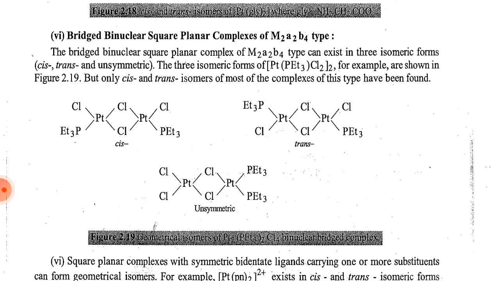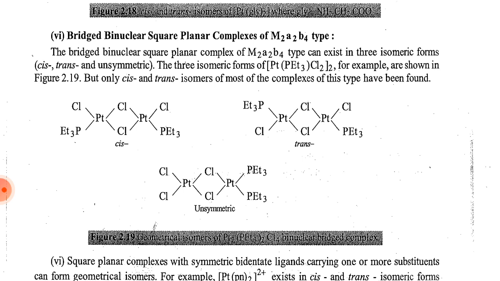Now here in cis, Cl, Cl and Cl, PEt3 Pt, so the Cl are adjacent to each other. But in the trans form, in the bridging ligand, two ligands are the same, Cl, Cl, but adjacent to the platinum, Et3P and the other platinum's PEt3 are opposite to each other, so it is trans.